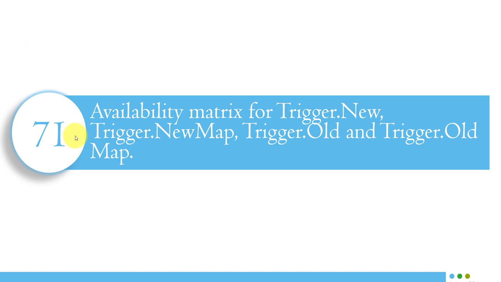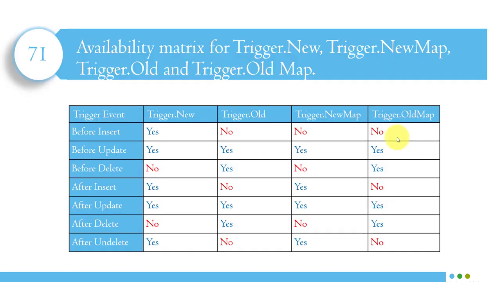Okay, so next question number 71, availability matrix for trigger.new, trigger.newmap, trigger.old, trigger.oldmap. Even though I am giving you the complete matrix, I would strongly suggest you create a dummy trigger on account. Just do system.debug and pass trigger.new there and see what happens in before insert.